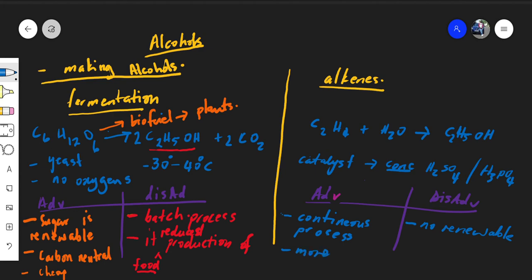It doesn't mean it doesn't need a lot of purification, but it is a little bit purer than the alcohol that you produce from fermentation.